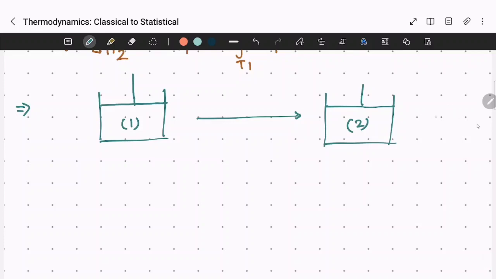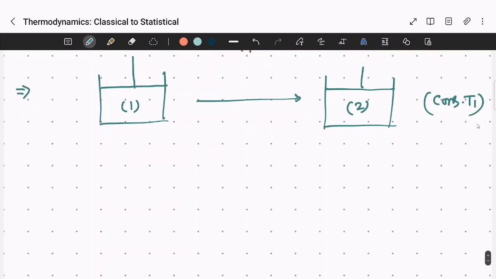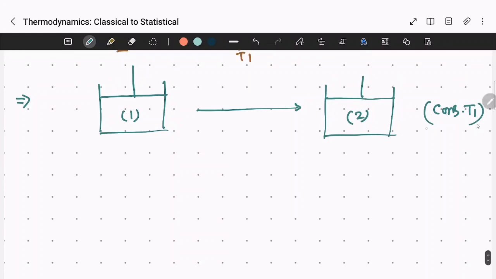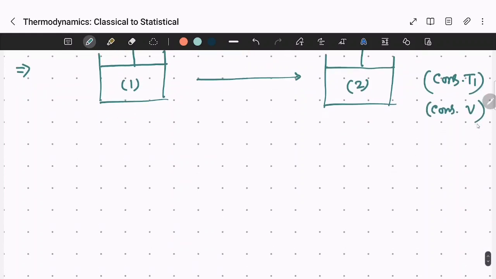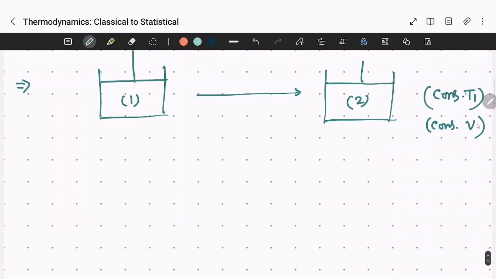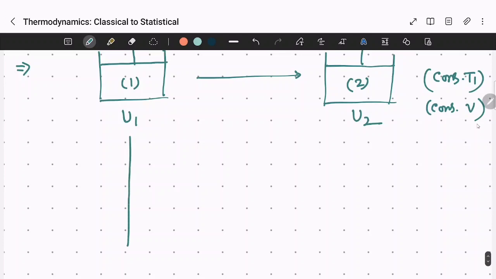Constant temperature we are changing. Okay? And also this is a constant volume process. Constant temperature and constant volume V. Correct? If this is the case, here the internal energy is U1, internal energy is U2. Okay? Now, you are again changing.